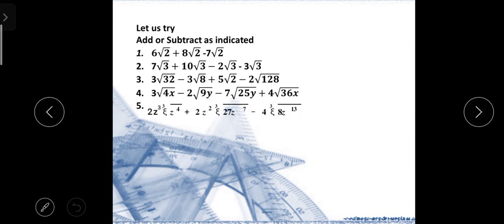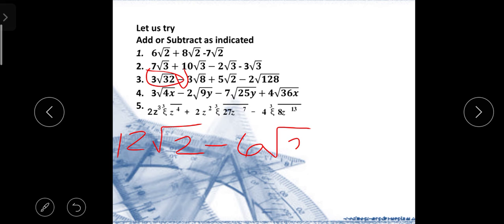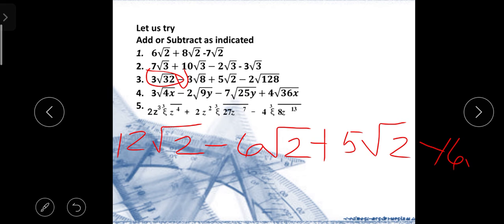Okay? So, if we are going to rewrite, yung first term natin ay naging 12 square root of 2. And then, yung sign natin dito ay negative. Yung second term natin ay naging negative 6 square root of 2 plus 5 square root of 2 minus 16 square root of 2.